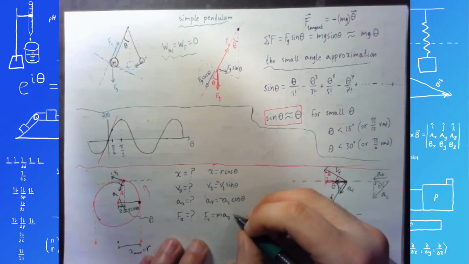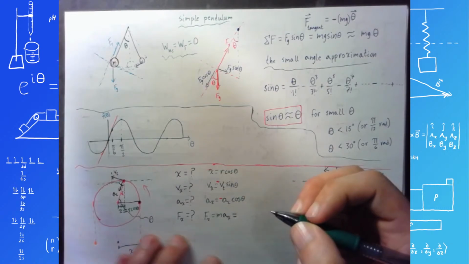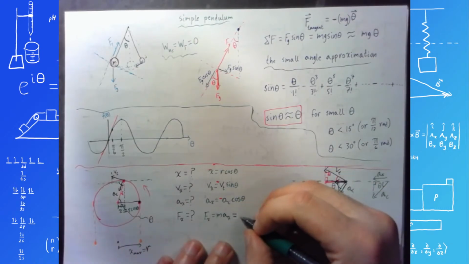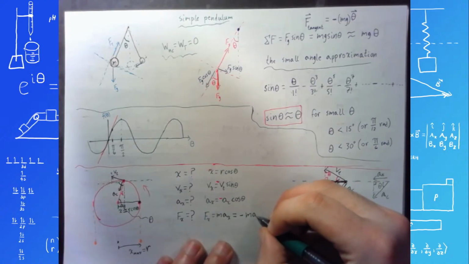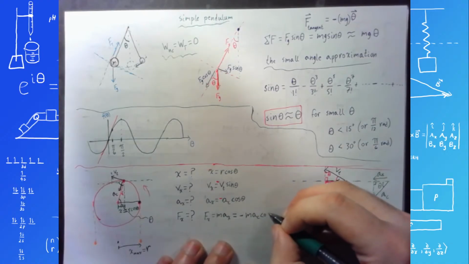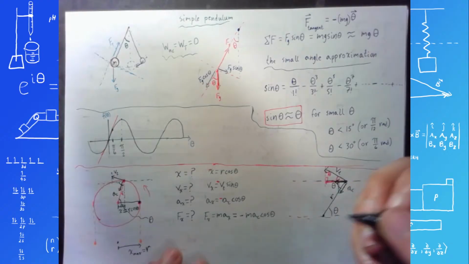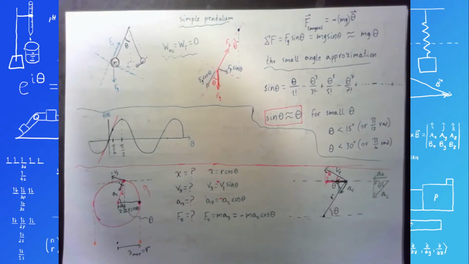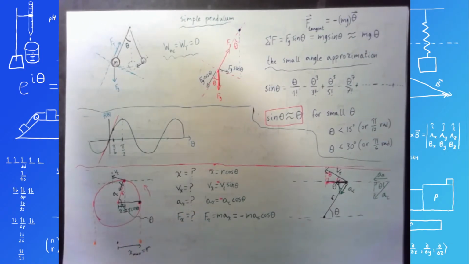Just in case I said it wrong, I said it again, this time correctly. So that's going to be equal to negative m a centripetal cosine of theta. All right, wonderful. So we have our force in the x direction.